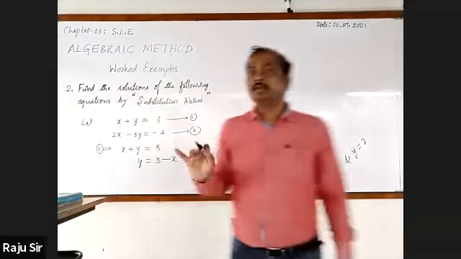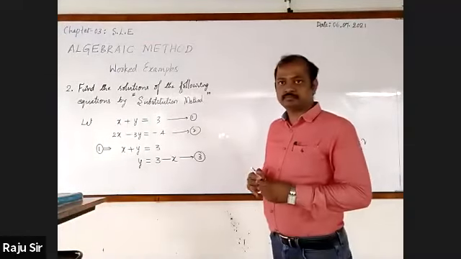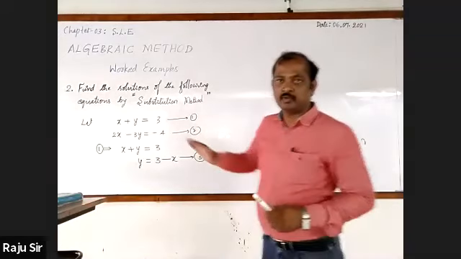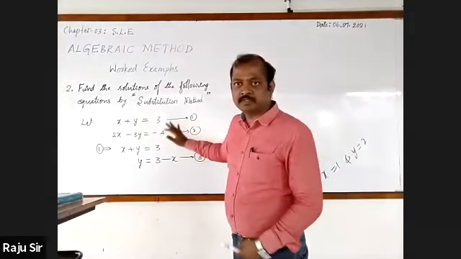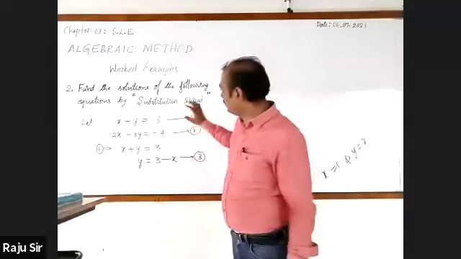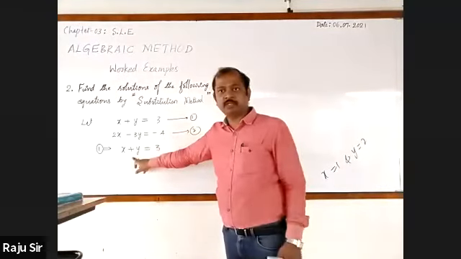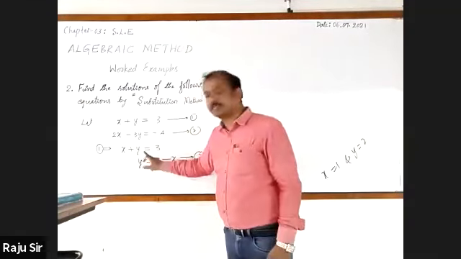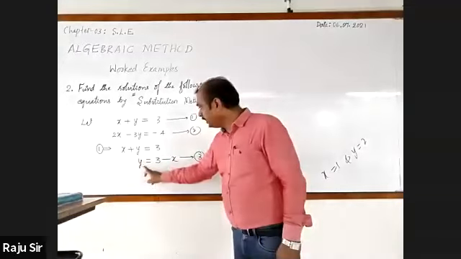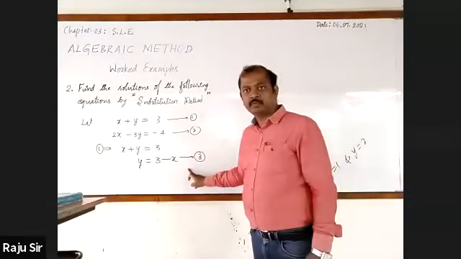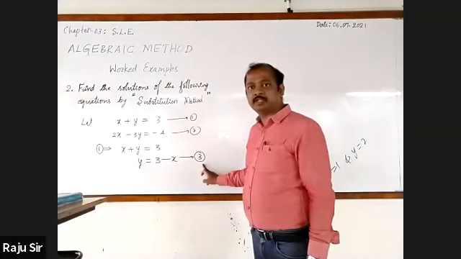Please tell me if you have any doubt. First, we wrote the equations in standard form. Next, we chose the first equation because the coefficient is least. In that, we solved for y and called it equation 3.